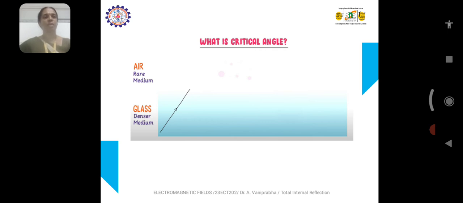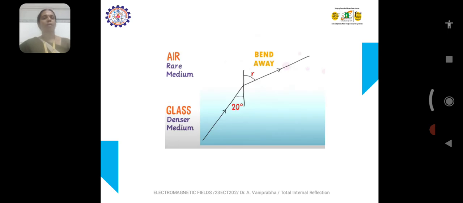This is the drawing that shows that phenomenon. Again the normal line is drawn exactly at the boundary. Once the light ray hits the boundary, it immediately gets refracted. When the light ray travels from glass to air, the refracted ray moves away from the normal line.